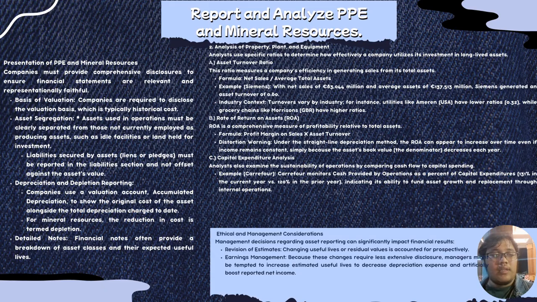Firstly is the revision of estimates, where changing useful life or residual value is accounted for prospectively. And lastly is earnings management, because this change requires less extensive disclosure. Managers might be tempted to increase the estimated useful life to decrease depreciation expense and artificially boost reported net income.